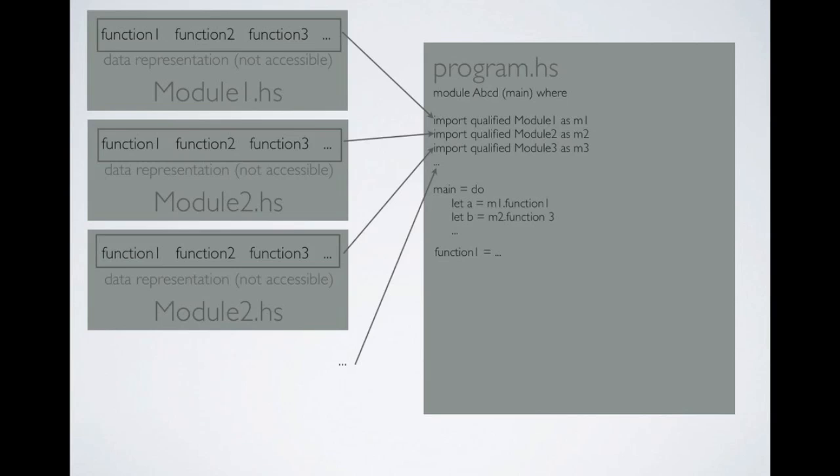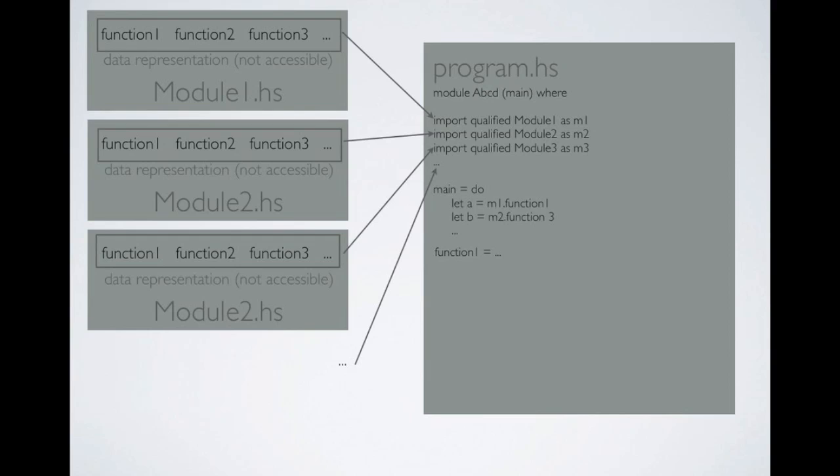And you generally would like to import modules qualified as M1, M2, and so on, so that if you have function names that are similar in different modules, then they will not clash when you import all of them into the program at the same time.